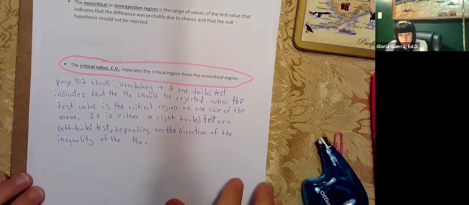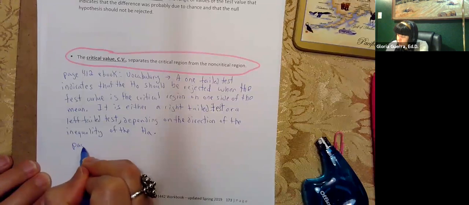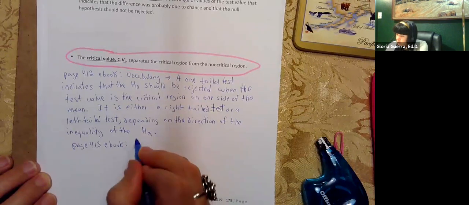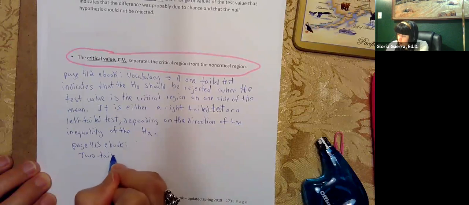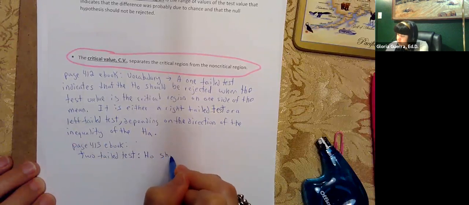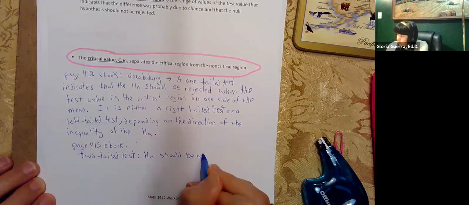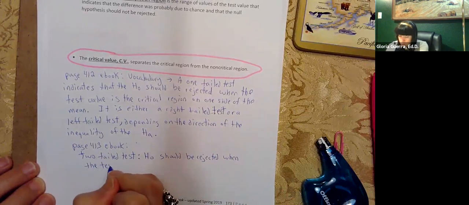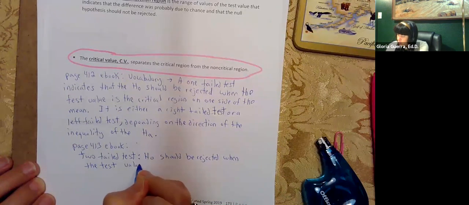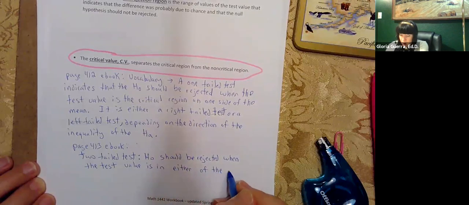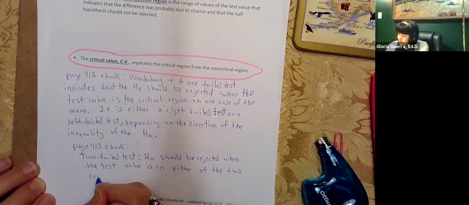Okay, and then I have from the ebook on page 413, it says that for a two-tailed test, H sub 0 should be rejected when the test value is in either of the two critical regions.